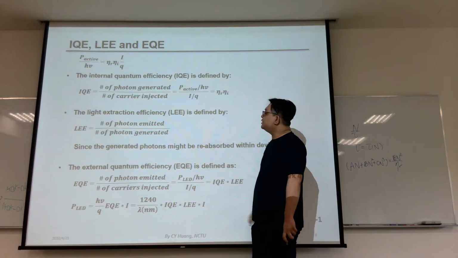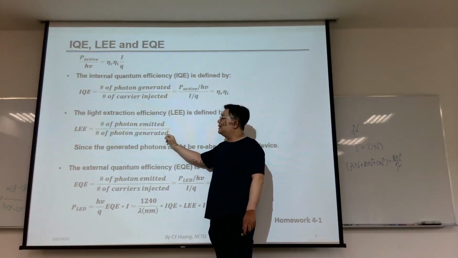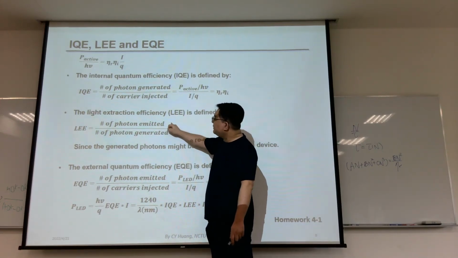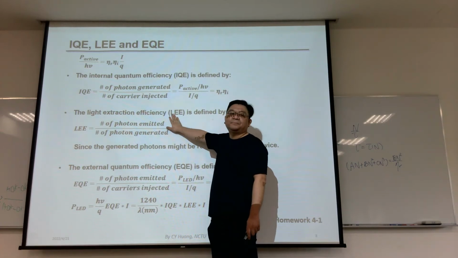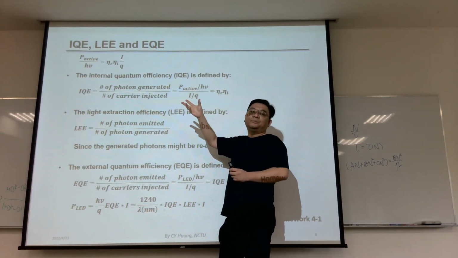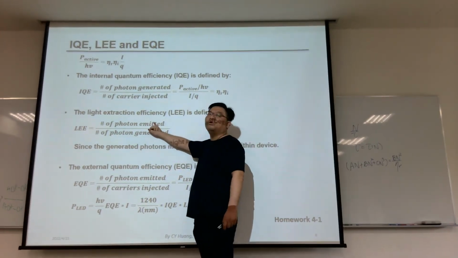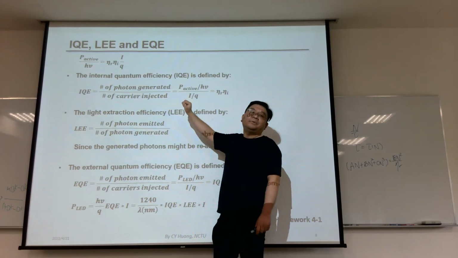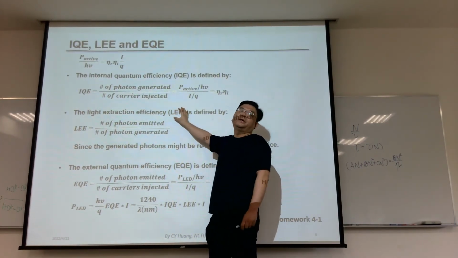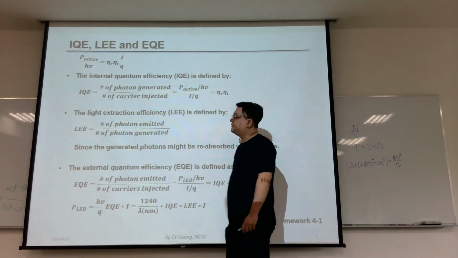Light extraction efficiency means the photons generated in the active region that are really emitted and observed by you, because you need to leave the device to be useful. Surely this number will be less than 1, because the photon doesn't generate from nowhere. It must be generated first, then be emitted by this device.